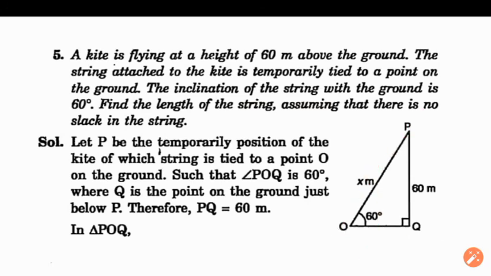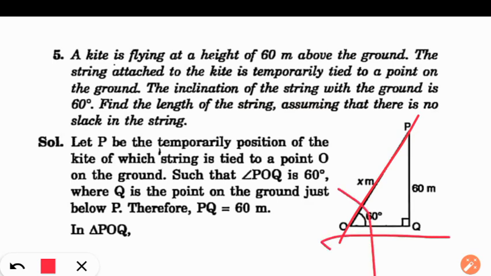By question it is given, where Q is the point just below the kite, that is P, and the point Q is on the ground. So what is the height according to the question? This is the height of the kite PQ. By question, the height of the kite PQ is 60 meter. We need to find the length of the string, that is PO, and this angle is 60 degrees.